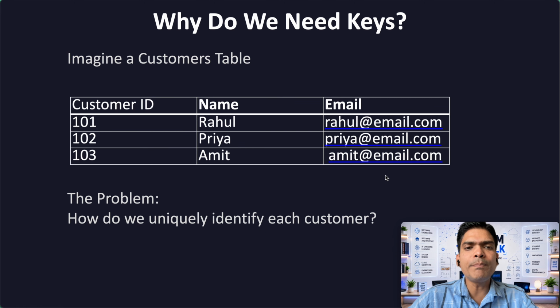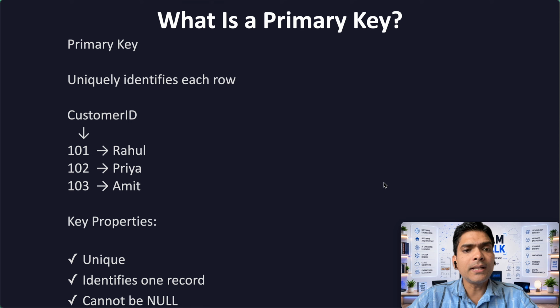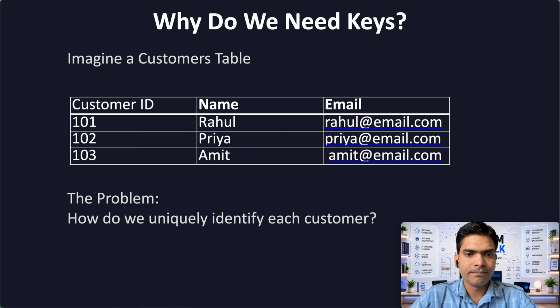Let's start with a simple customers table. We have customer ID, name and email address as columns. Now imagine our application needs to identify Rahul's exact record. We could search using his name, but names are not necessarily unique.